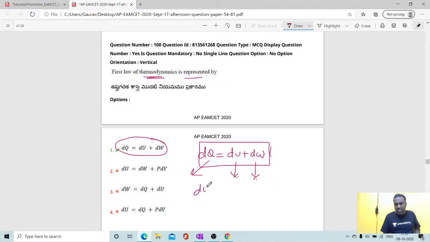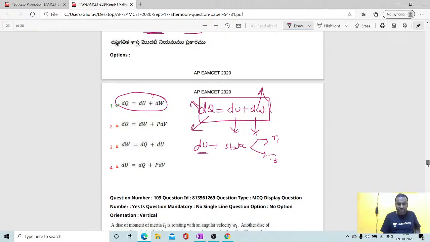In this, dU is a state function, so internal energy always depends upon the initial state as well as the final state, while dQ and dW are path functions, which depend upon the path. dU is path independent. So the energy you supply is utilized for internal energy as well as work done. Getting clear, students? Yes. The next.